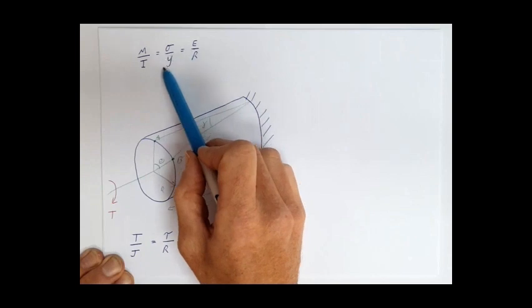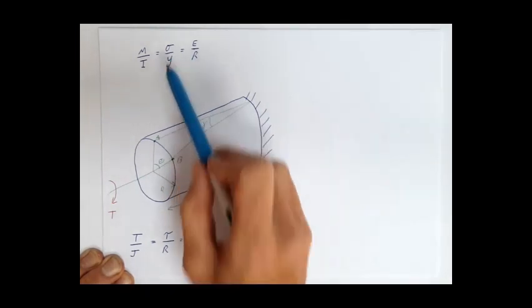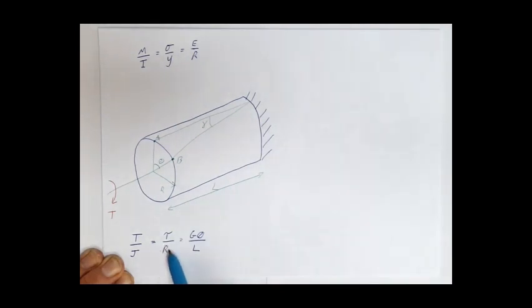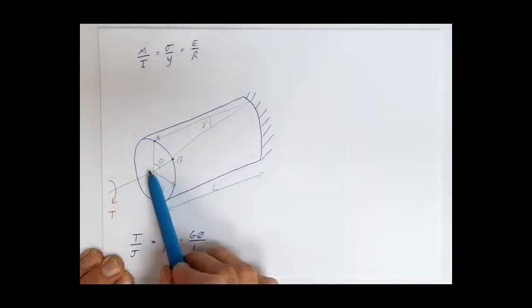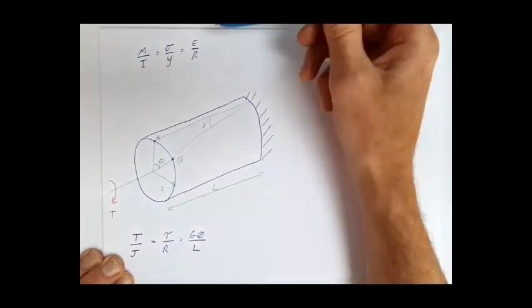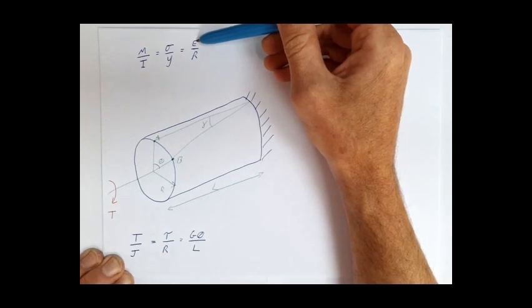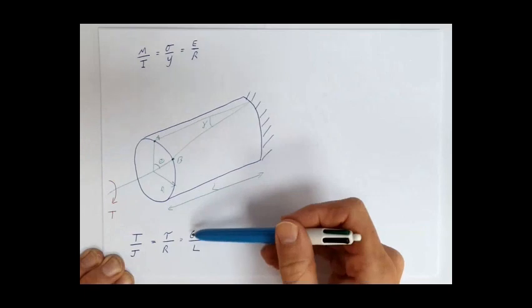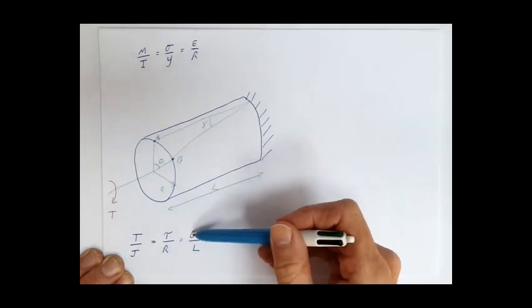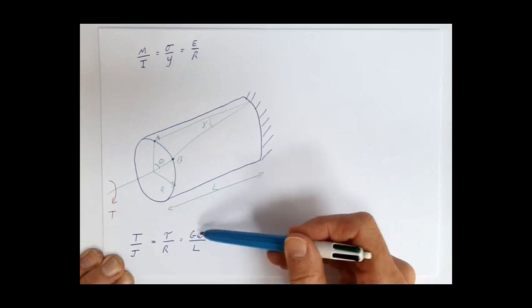Y, when we're talking about the simple theory of elastic bending, was the distance from the neutral axis. R now is the distance from the center, the radius of the shaft. And then E is our Young's modulus for bending. Instead of Young's modulus, we've got shear modulus, G, times theta.